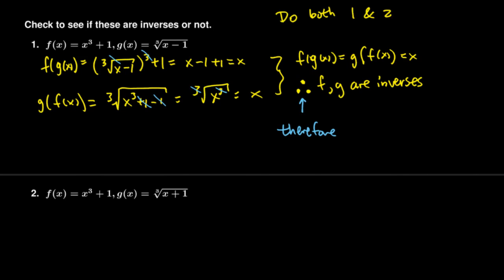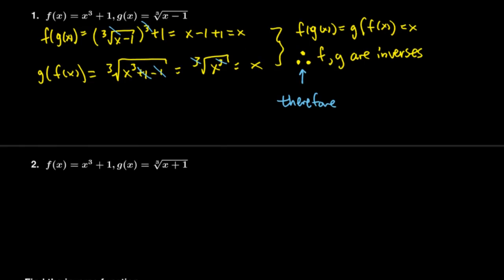As you did this, if you did it correctly, you should get x for both of them, and they are both equal to x, and therefore they are inverses of each other. Alright, and this one over here.